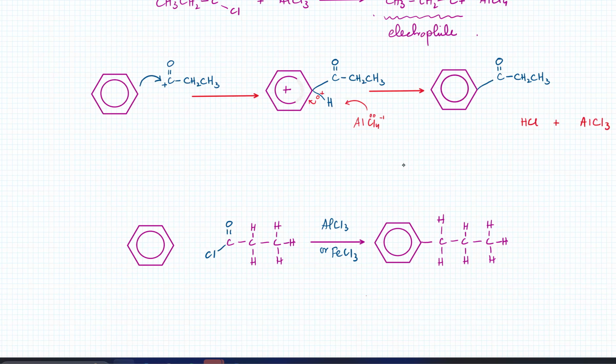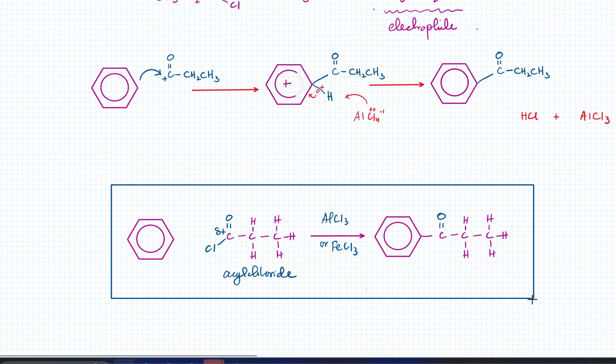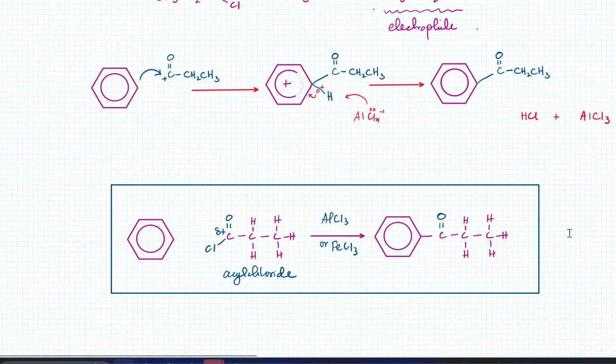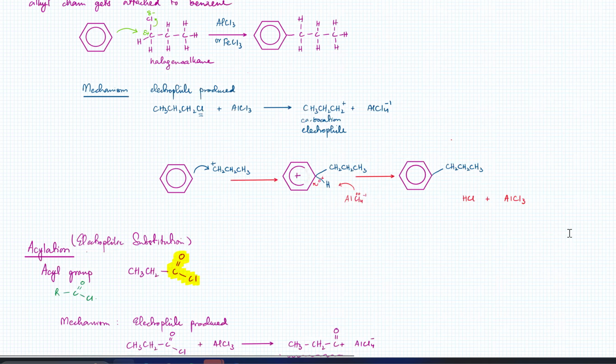You've got an acyl chloride. The carbon is very strongly positive, and an acyl group gets added. And you would need a catalyst. That's the overall reaction for acylation, and above is the mechanism.